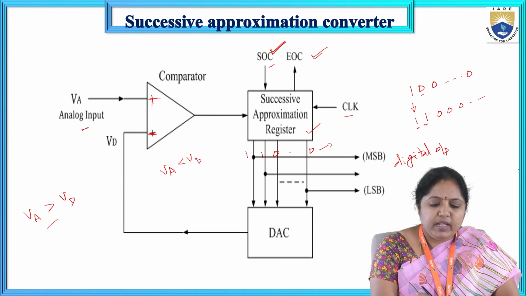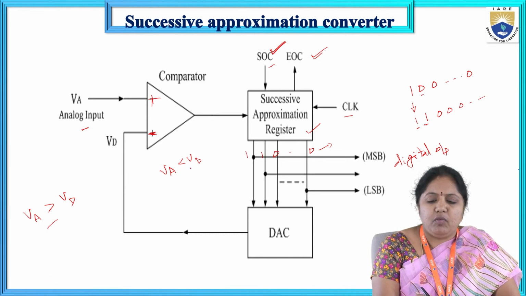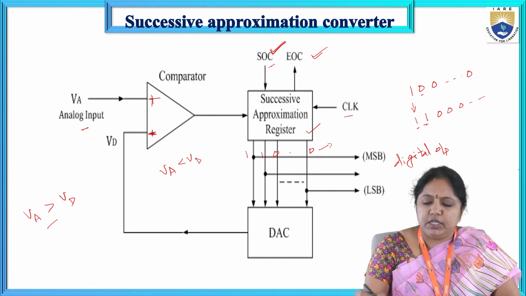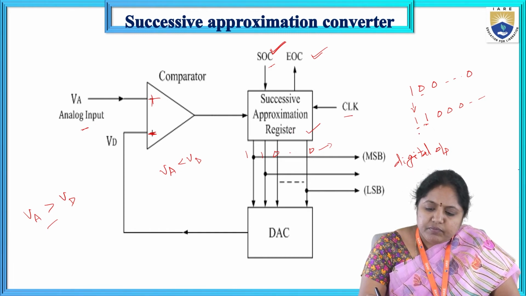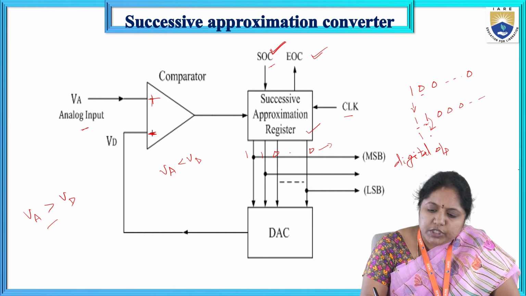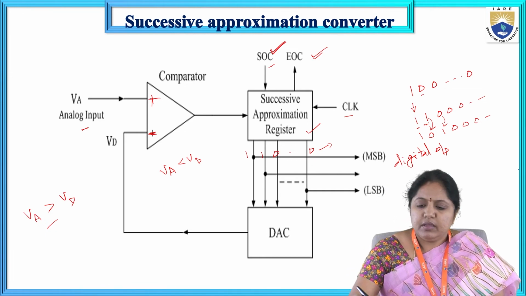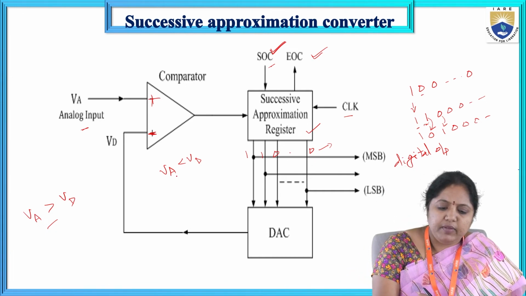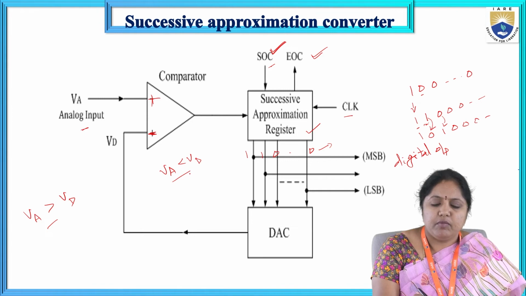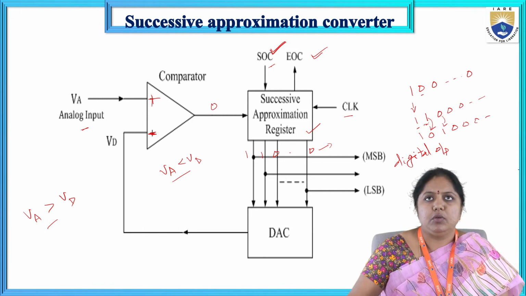When the VA value is less than VD, what will it do? The successive approximation register had previously kept this bit as 1, so it will change this 1 to 0, make the next lower bit 1, and keep the remaining bits all 0. Understand this logic: when VA is less than VD, the comparator output is 0.